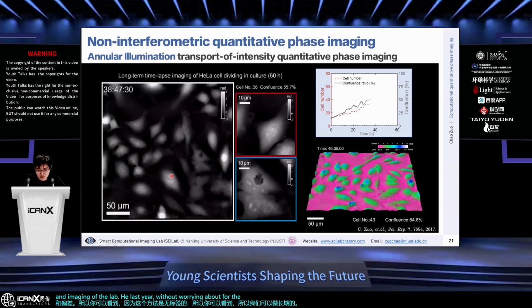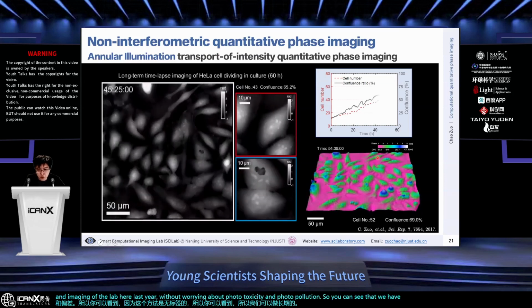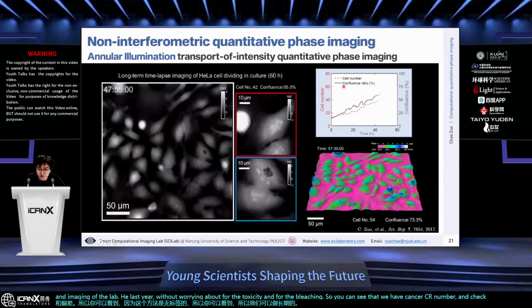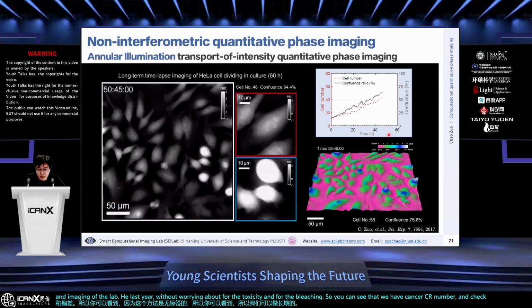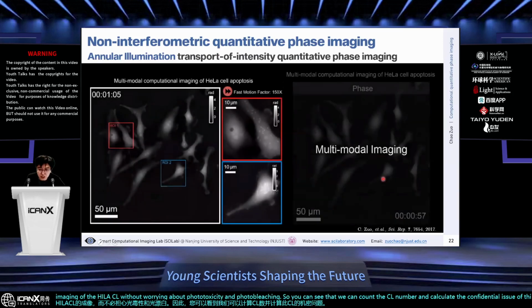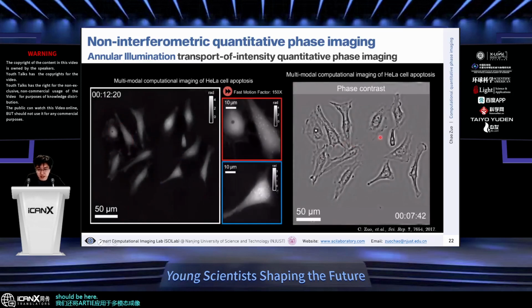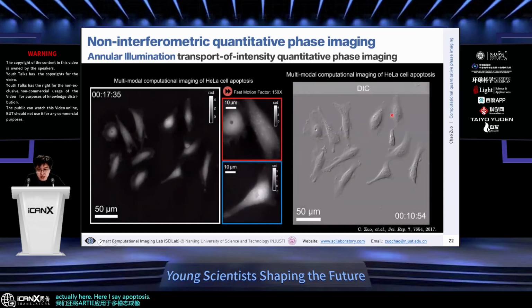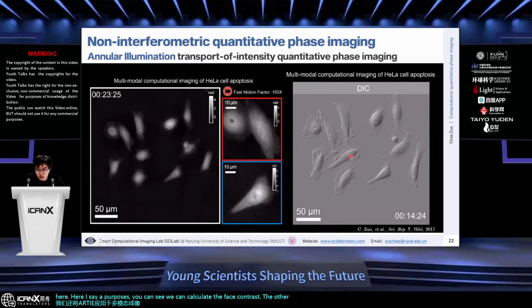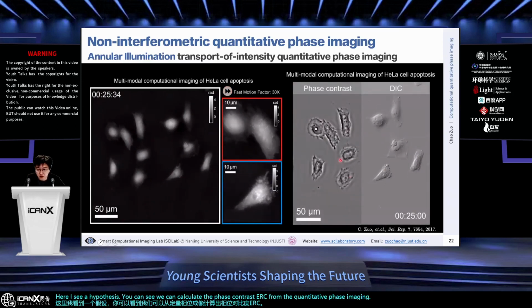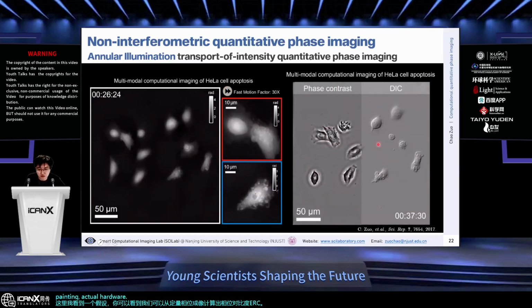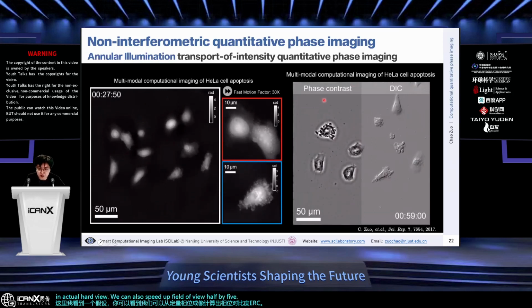You can see that we can count the cell number and calculate the confluence ratio of the cells. We also apply the AR-TIE to multimodal imaging of HeLa cell apoptosis. You can see we can calculate the phase contrast and DPC from the quantitative phase imaging without requiring any additional hardware. We can also split our field of view to display phase contrast and DPC images.